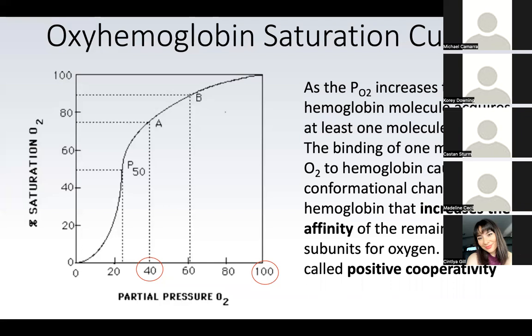And the reason why that happens is because every time an oxygen molecule binds to a heme group, it changes the conformation of that specific globin chain, making it easier for that second, third, and then fourth and final globin chain to bind to oxygen.